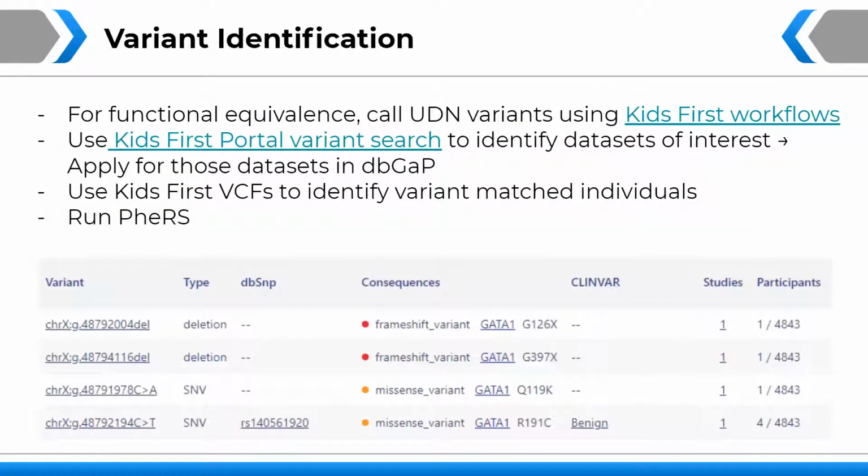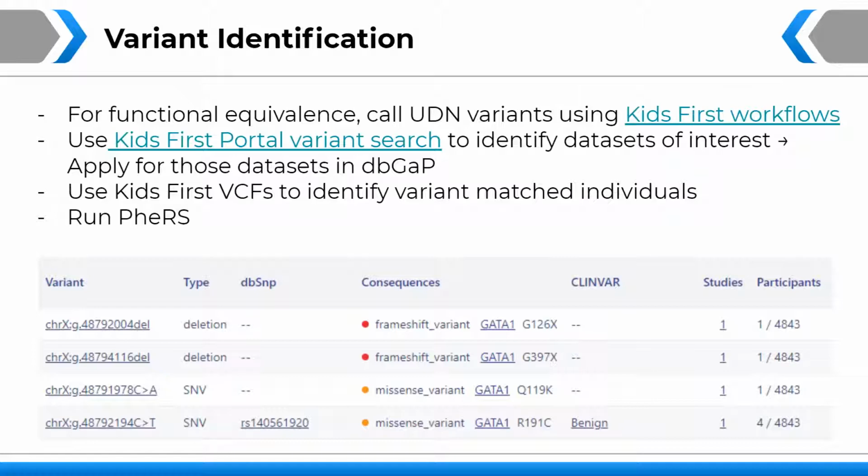Okay, and I probably, again, am representing a lot of people. So on a high level, there's multiple ways to actually do that comparison of variants and phenotypes between the UDN and the Kids First data set. Here, we're proposing to call the UDN variants with Kids First workflows so that we have functional equivalence with the Kids First data, to identify the variants of interest that you're then going to try to solve with the Kids First data set.